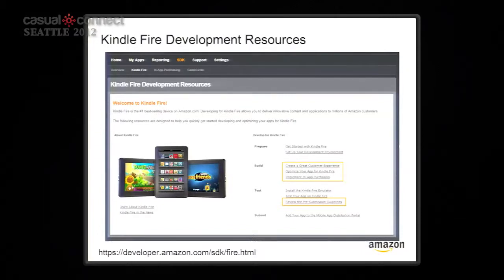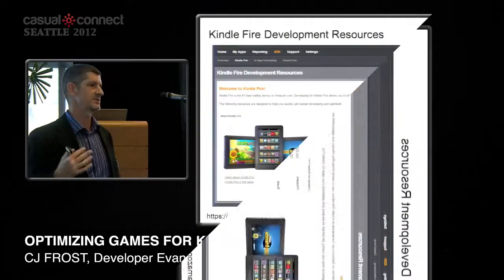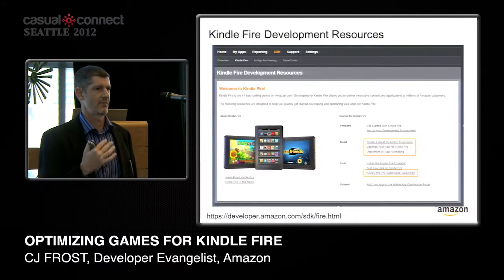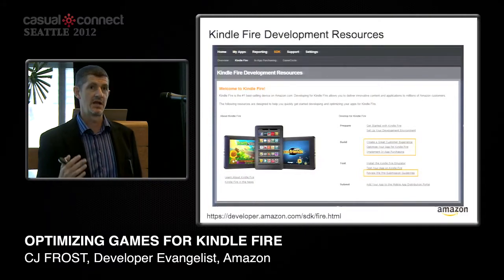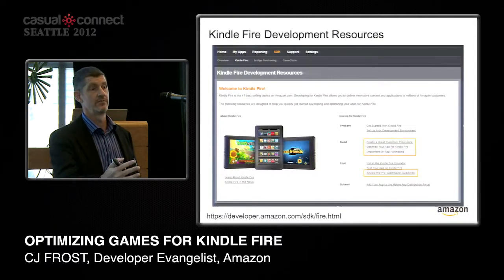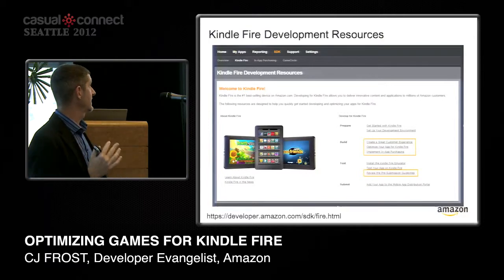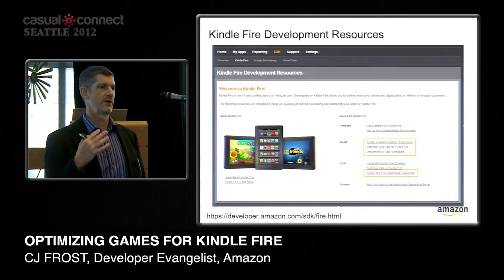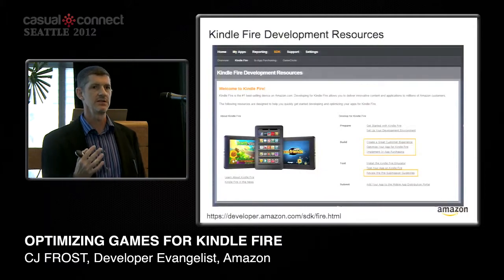Inside this resource kit, there's access to an emulator, there's documentation on specifics of the UX. So one of the things that makes us a different experience than other Android tablets is we have our own Kindle Fire skin. We put the Kindle Fire skin on the device to make it very customer-centric and very easy for the customer to gain access to this media-centric experience.